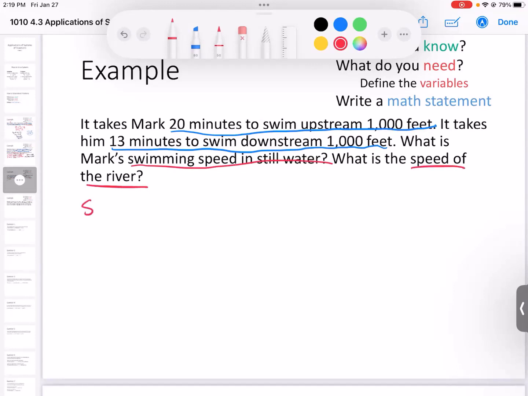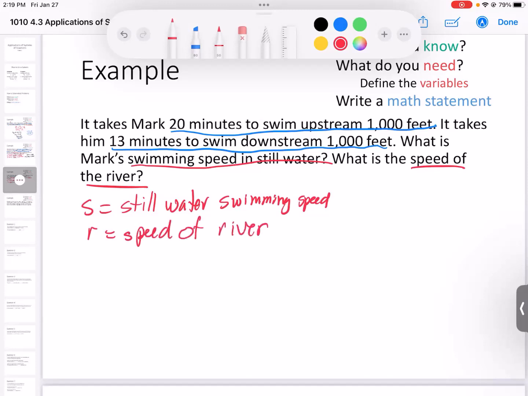So I'm going to have S represent still water swimming speed. And I'm going to have R represent the speed of the river. And again, you can use whatever variables you want. I just like using ones that let me know what they mean.